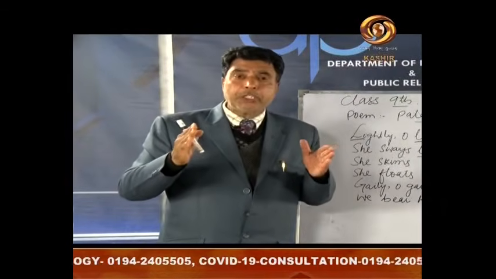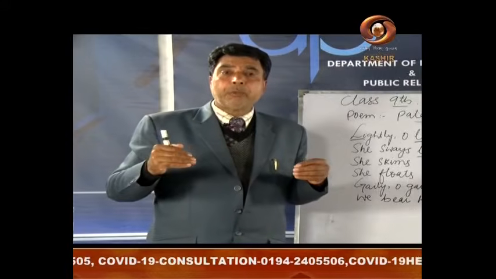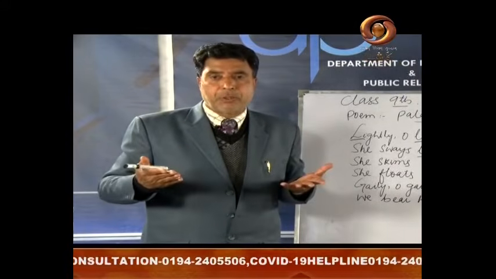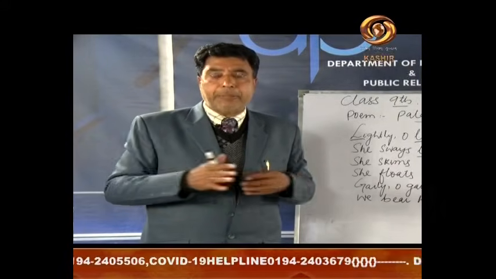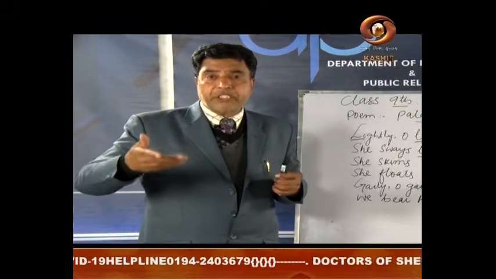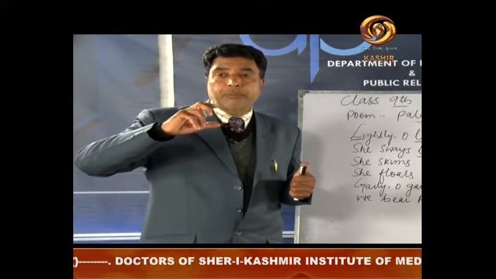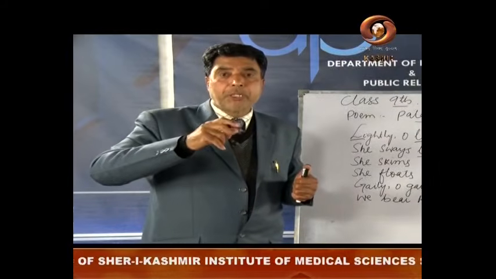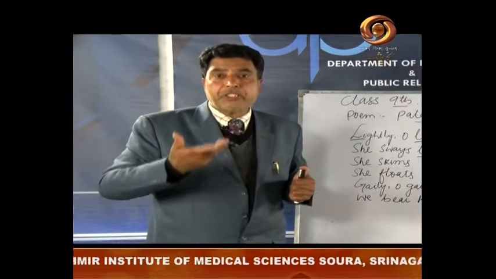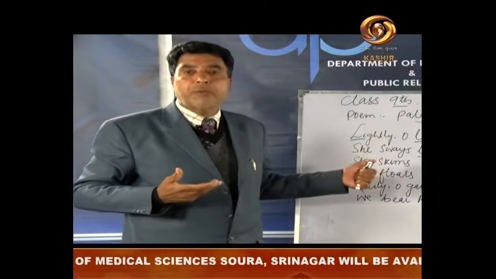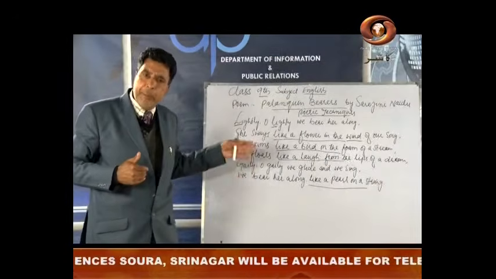In English when we talk about imagery, we talk of different senses, 5 senses. That means feeling, touching, smelling, sound image, color image and taste image. In this poem you will find poetic imagery also.